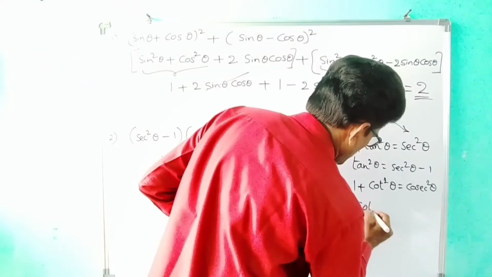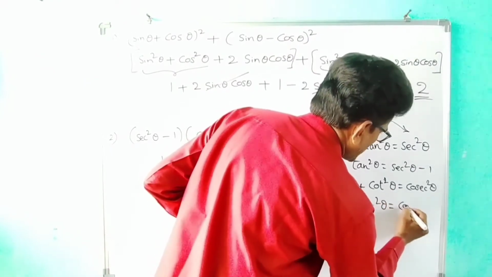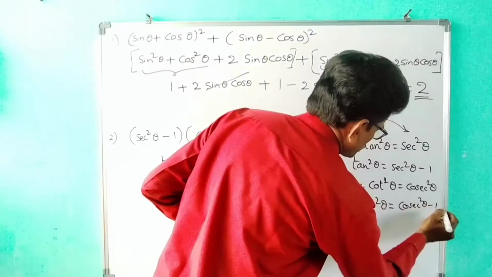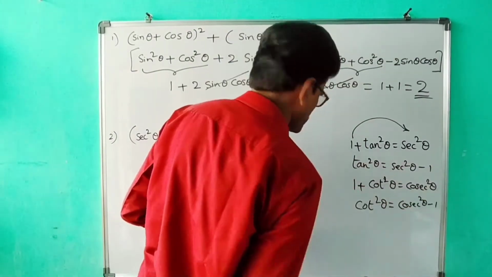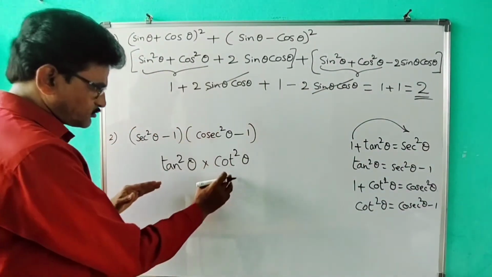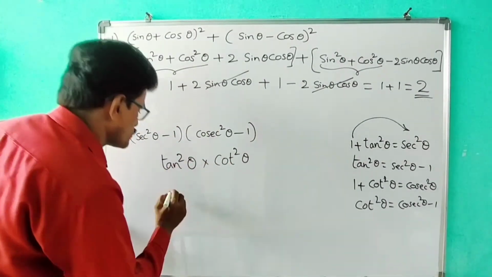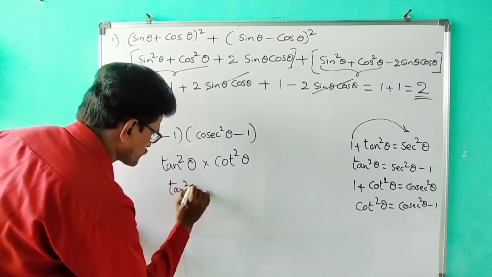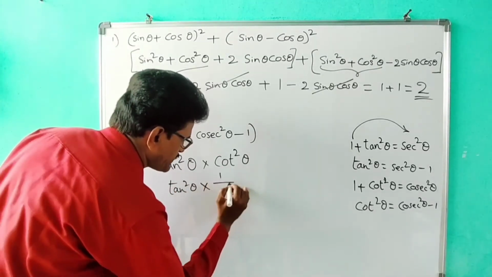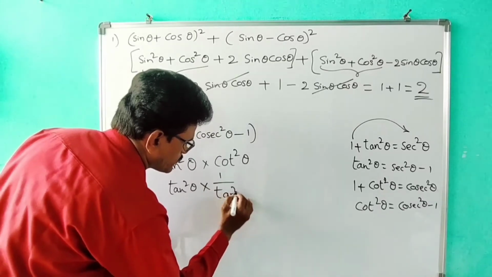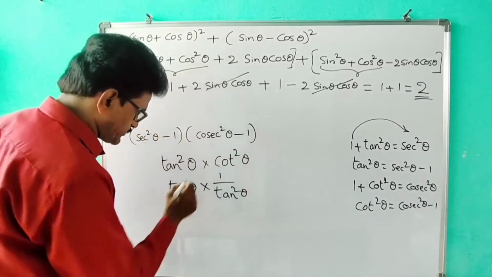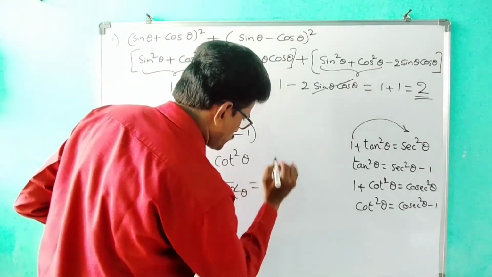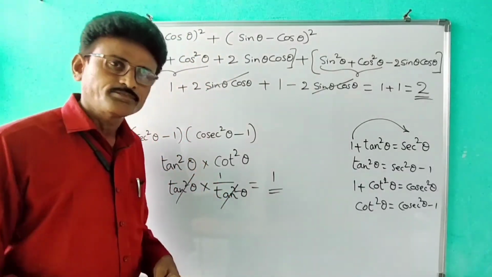You will get cot square theta is cosecant square theta minus 1. Now these two are reciprocals. So tan square theta into cot square theta is tan square theta times 1 by tan square theta. Tan and cot are both reciprocals, so tan square cancels. You will get 1. This is the answer.